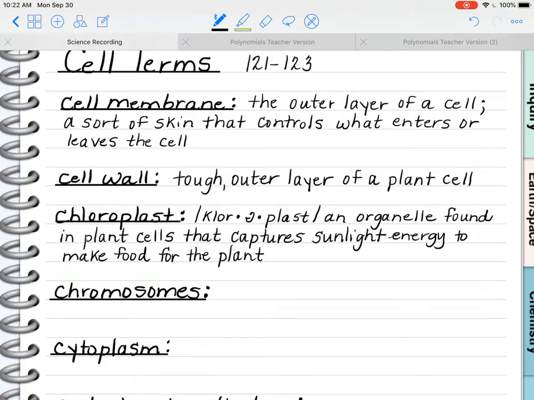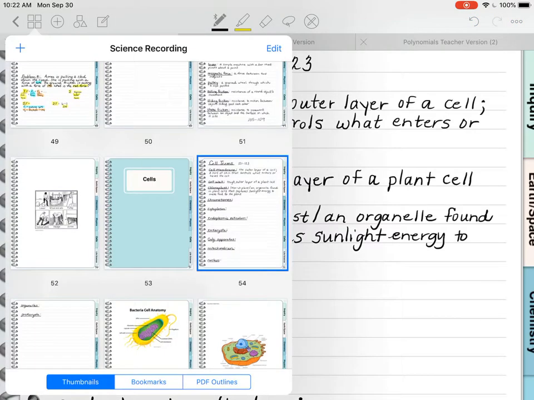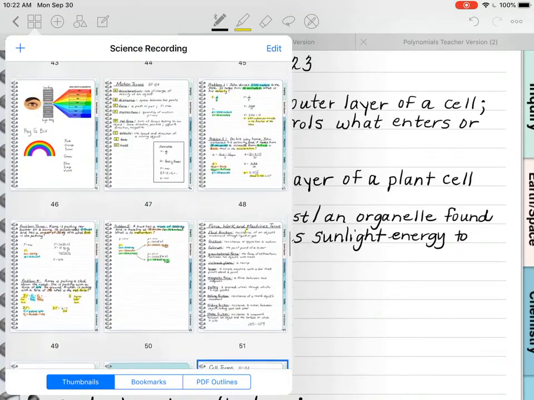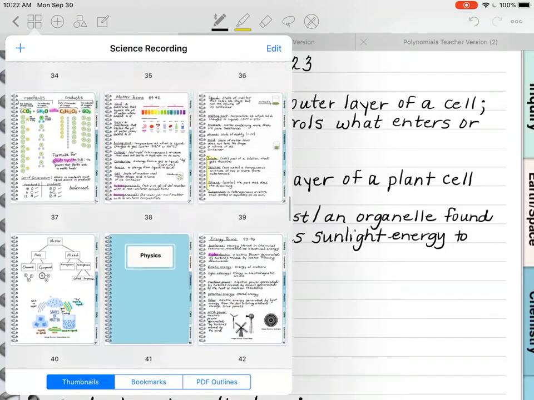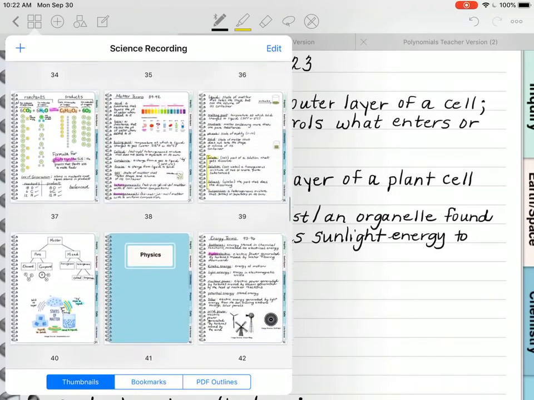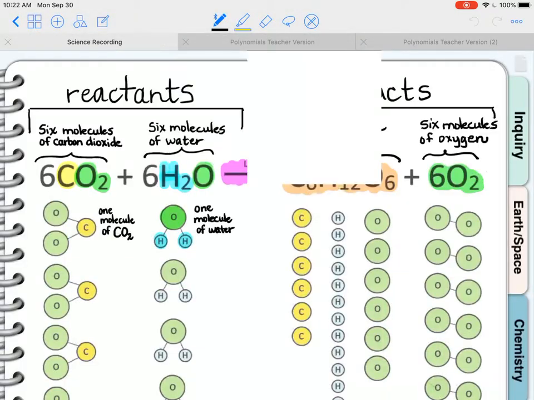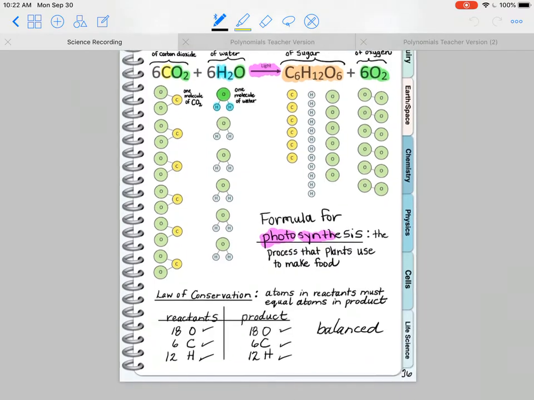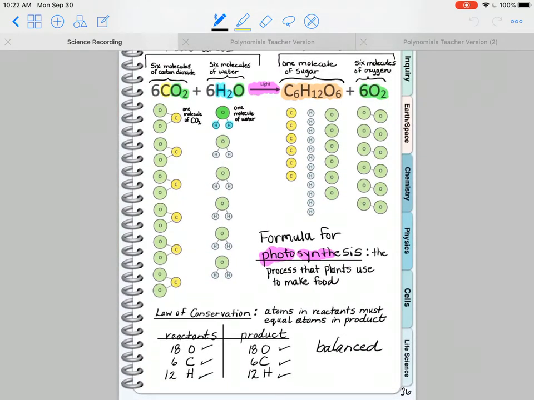Now let me remind you of something. I want to go back just a little bit to something we talked about a long time ago. And that is right here on page 36 of your text. Remember, we talked about a process called photosynthesis, where plants are making food.